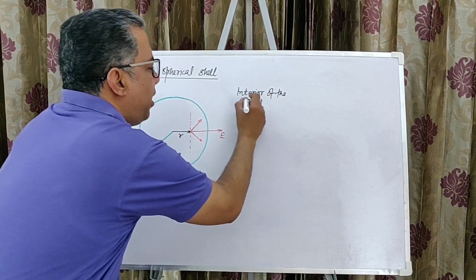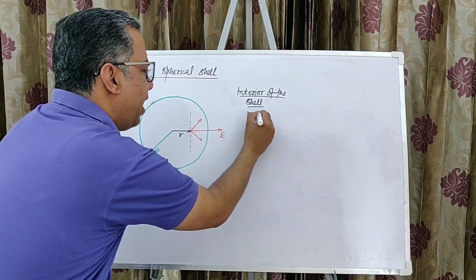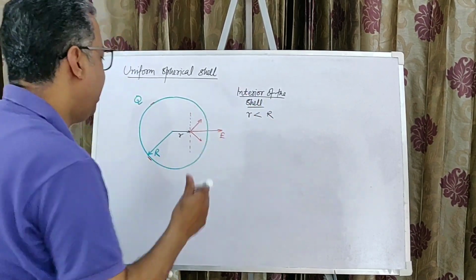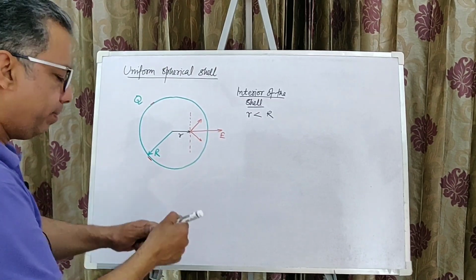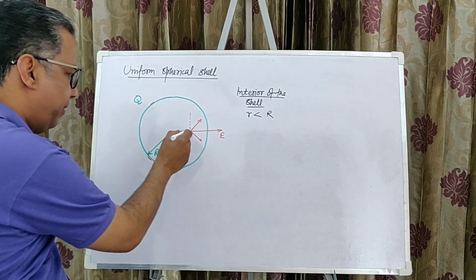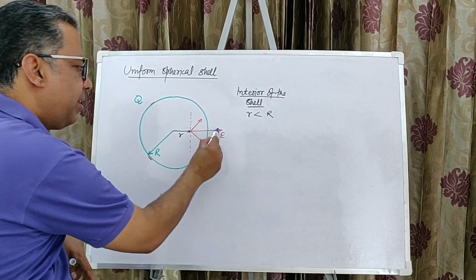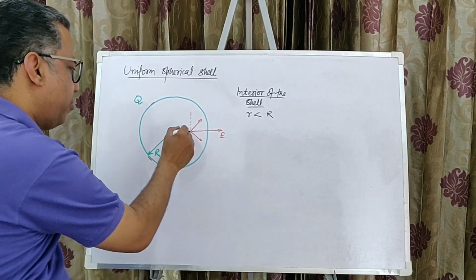So inside the shell, this distance small r from the center will have to be less than the radius capital R of the shell. Now, the Gaussian surface we draw should have such a shape that the electric field is normal to it and constant in magnitude throughout.